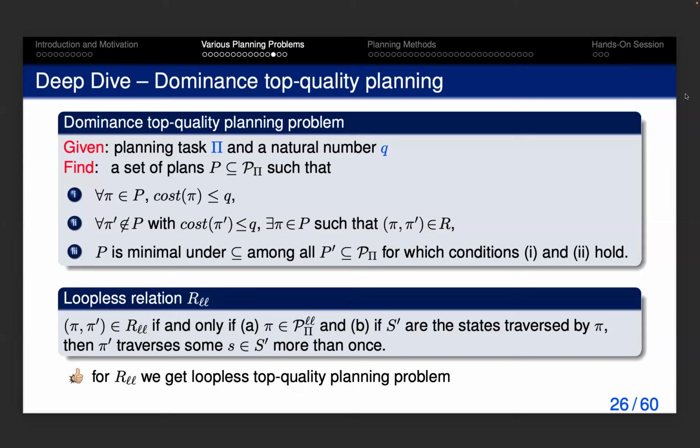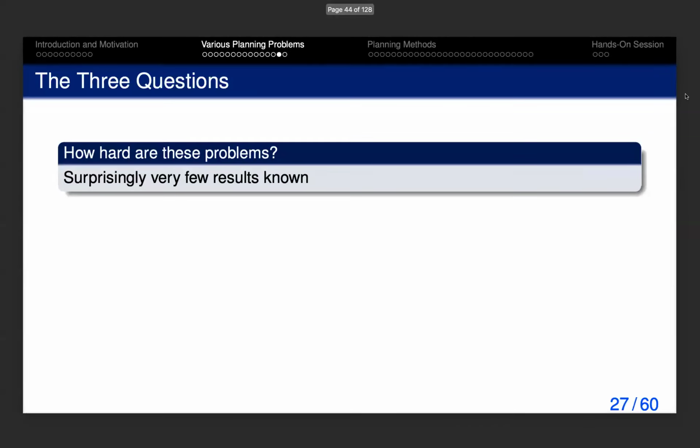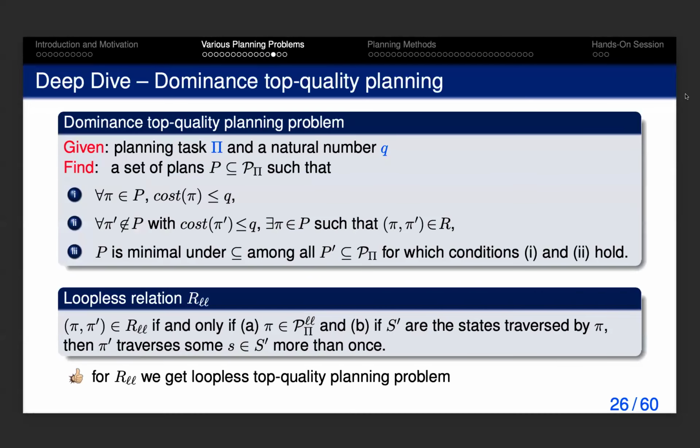It might be a completely different plan in other respects, but it does make a loop over one of the states of the first plan. Okay, so under this loopless relation, we actually have the loopless top quality planning problem. Okay, I'll pause again for questions.